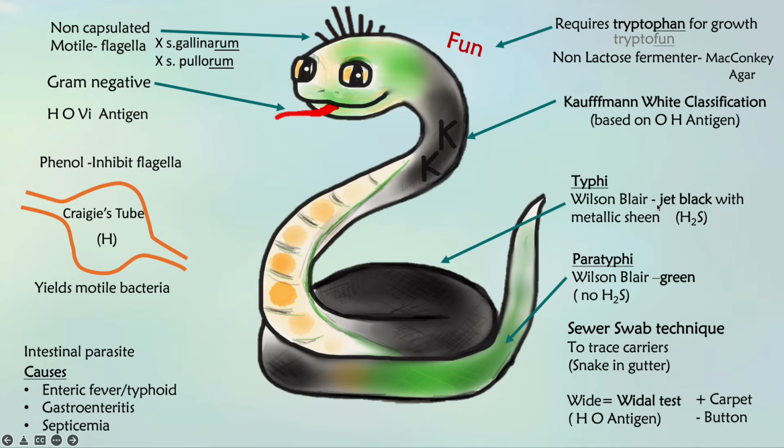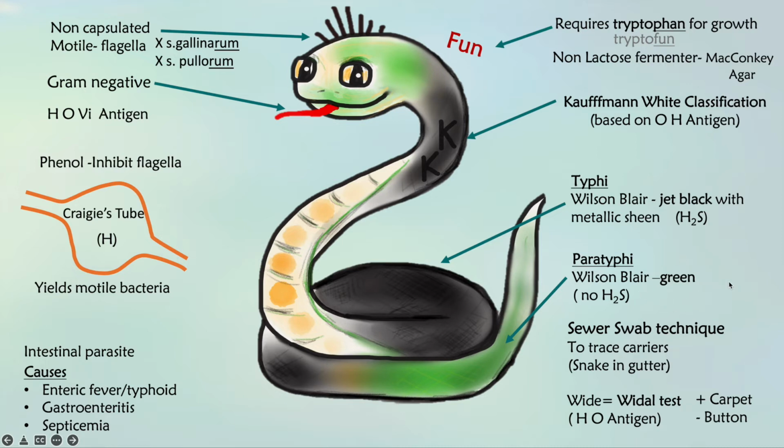They produce jet black colonies because of the production of hydrogen sulfide. Whereas paratyphi on Wilson-Blair creates green colonies, that is represented by the green colored tail. As paratyphi does not produce any hydrogen sulfide like typhi, it does not create black colonies but instead green colonies.